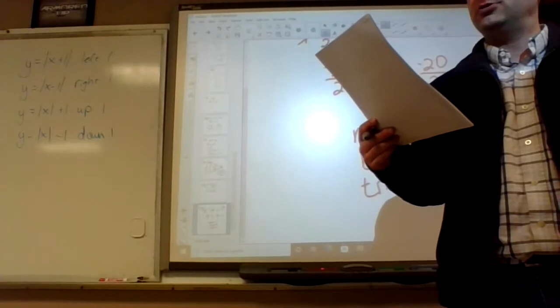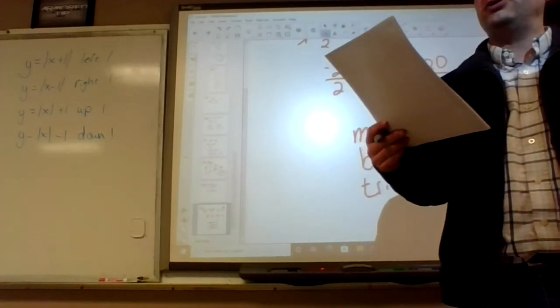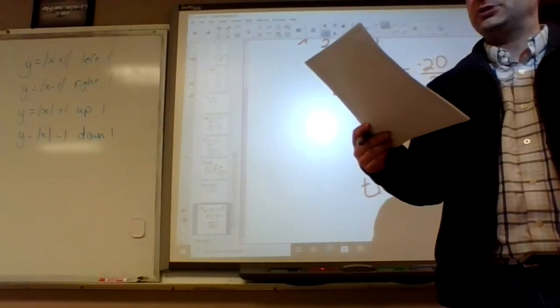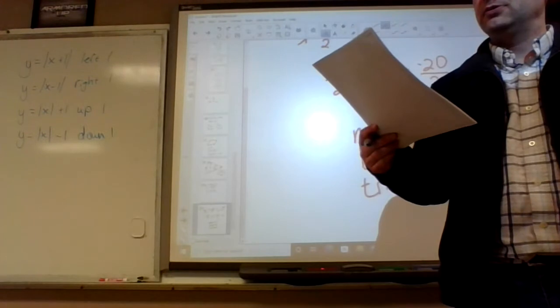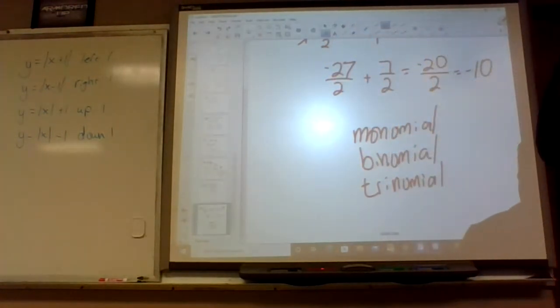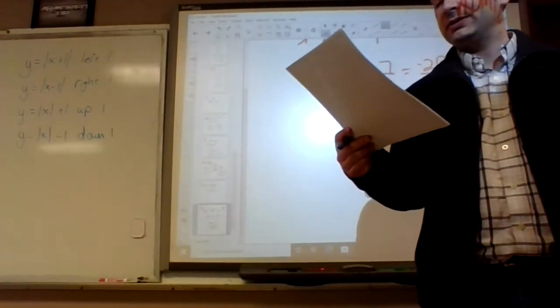So it is a monomial. The degree on 18 would be all the powers added together. What are the exponents on 18? 4, 1, and 3. Remember, y is like y to the 1. So you add 4 plus 1 plus 3 is 8. The degree on 18 is 8.